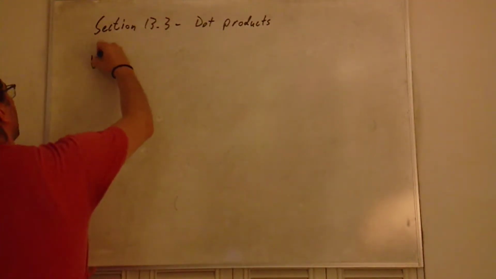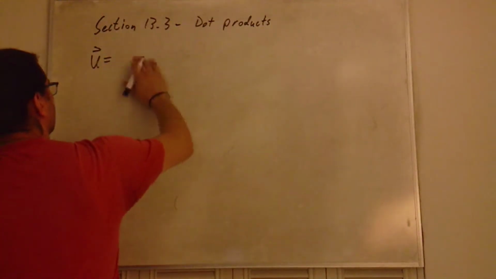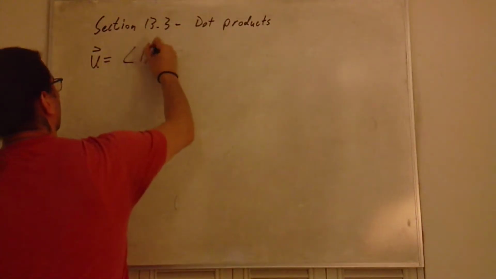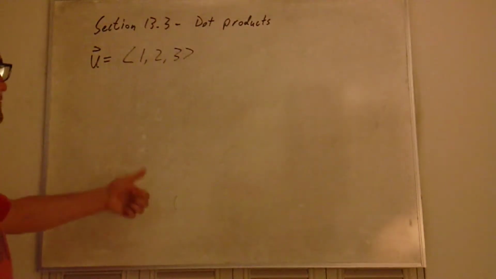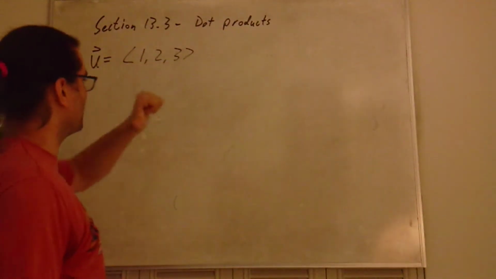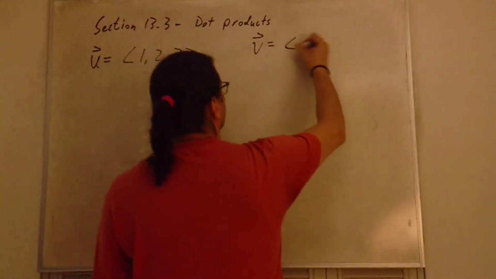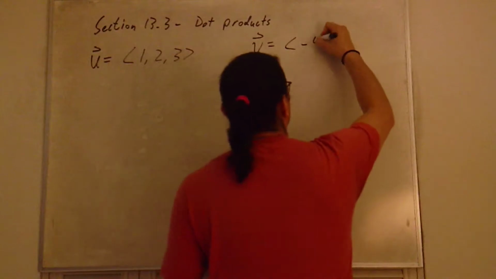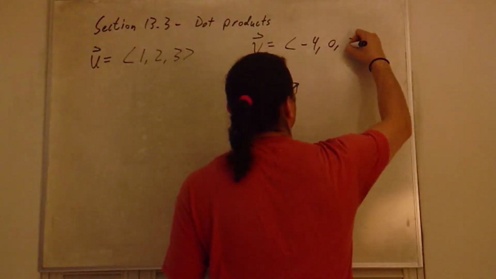Let's say we have u is, let's start nice and simple, 1, 2, 3. This is a vector in 3 space, 1 right, 2 up, 3 out. And let's say that v is -4, 0, and 2.